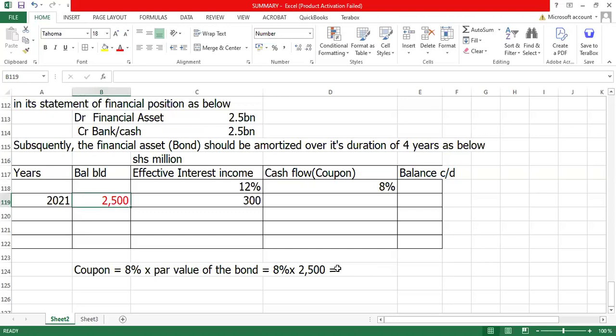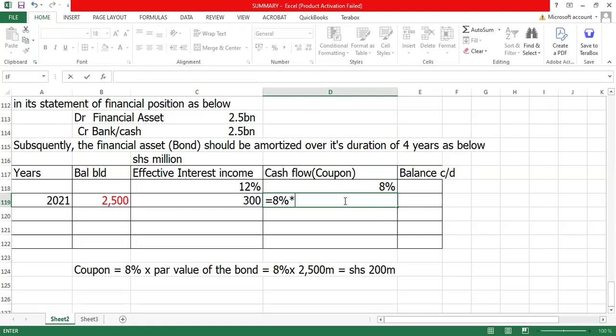So here the answer is how much? It's shillings 200 million. So it will be 8% times 250.